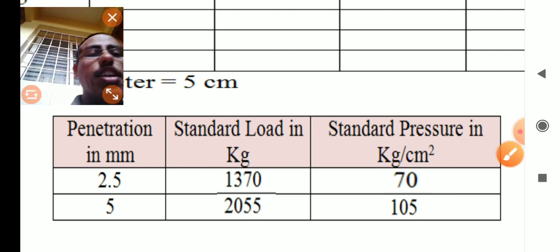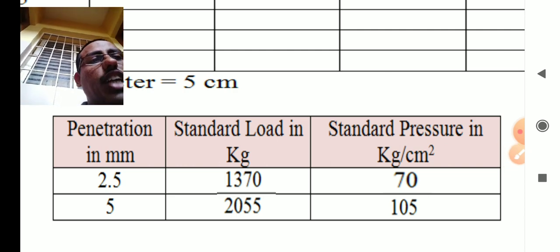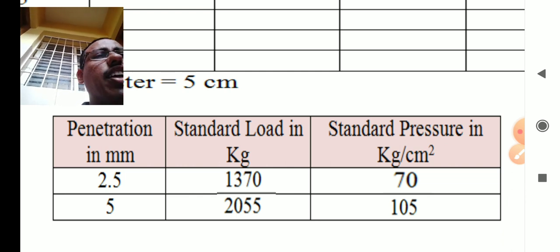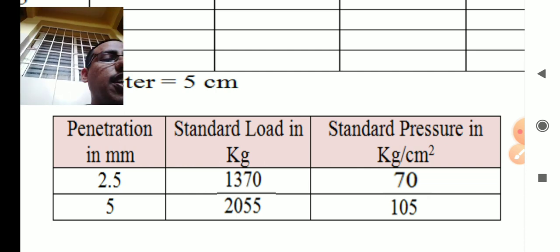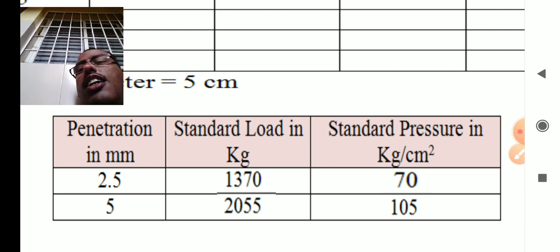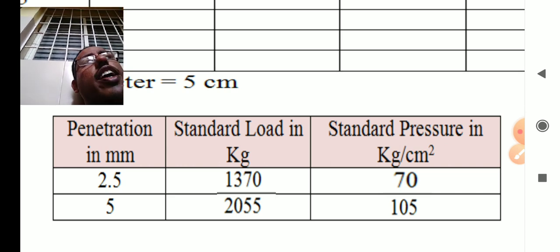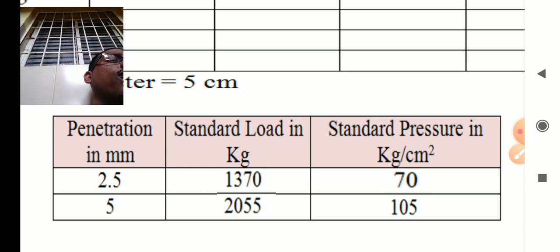Another doubt some may have here: the CBR experiment is used in highway design, but actually this experiment belongs to geotechnical engineering. So why do we do it in the highway lab? The reason is that CBR is used for finding various layer thicknesses, that is, for designing a flexible pavement we want the CBR value.